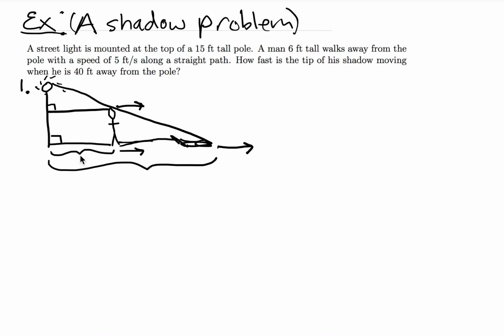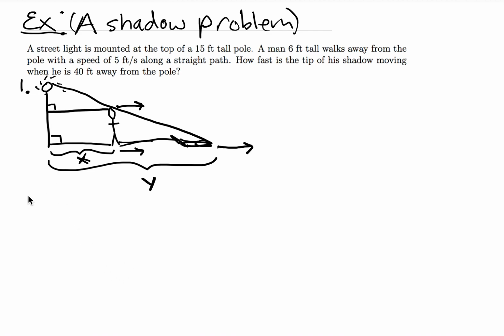I'll go ahead and name these, let's say X and Y. One is the shorter side length, one is the bigger side length. And really what that's going to make me worry about is dx dt, which is how fast he's walking, and dy dt, which is how fast his shadow moves.